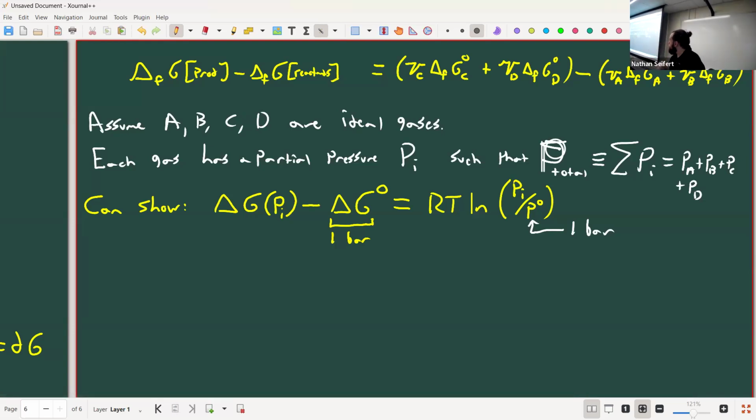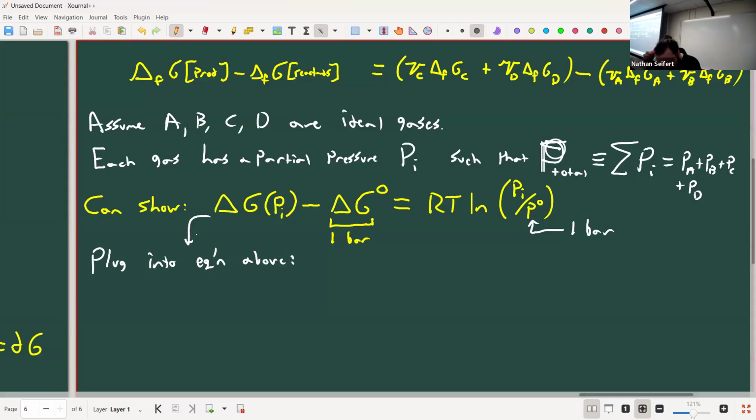So what I can do is plug this into my equation up there. I'm going to get rid of these stars here. I apologize, they should not be here. I can plug this into my equation above. I'm not going to work through the algebra just to save time, but it's just a simple plug and chug.